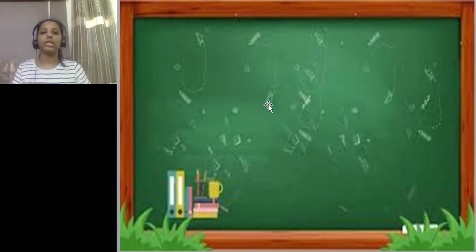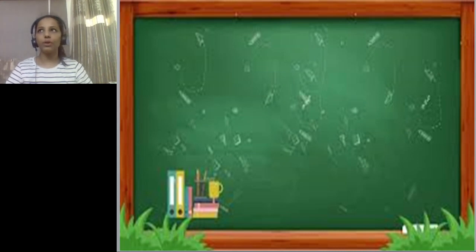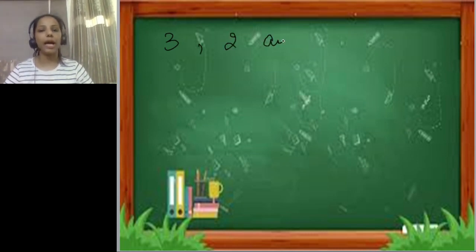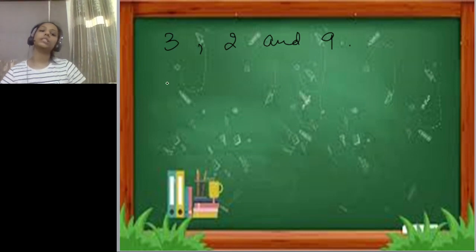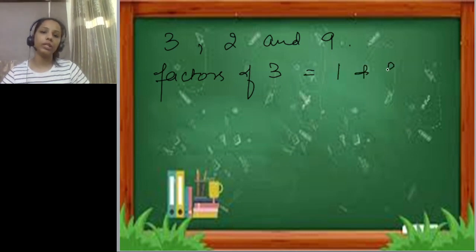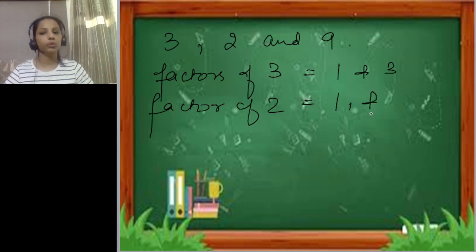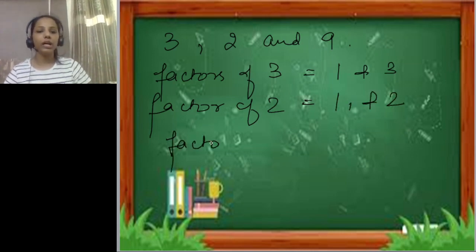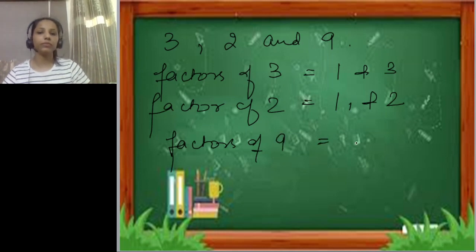Okay? Now let us take one more example of common factors, with three numbers. Let us find the common factors for 3, 2 and 9. Factors of 3 are 1 and 3. Factors of 2 are 1 and 2, right? Factors of 9 are 1, 3 and 9, right?